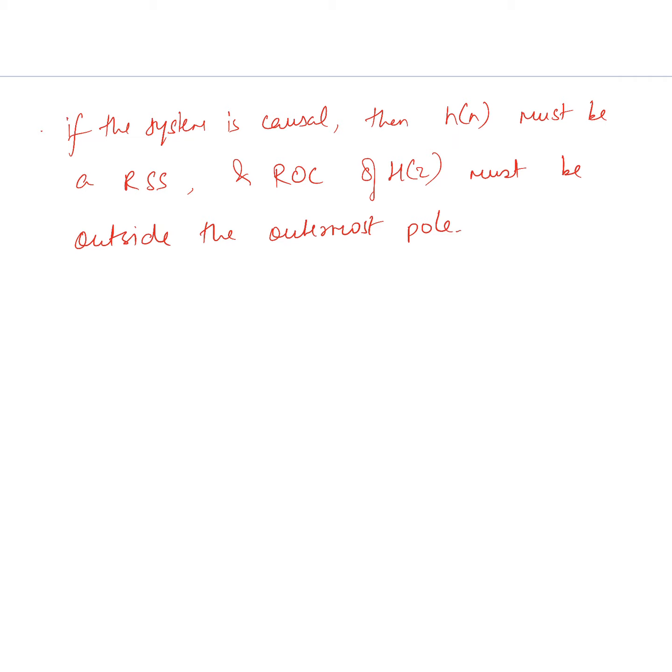So this is about when your system is causal: h[n] must be a right-sided sequence and the ROC of H(z) is outside of the outermost pole.